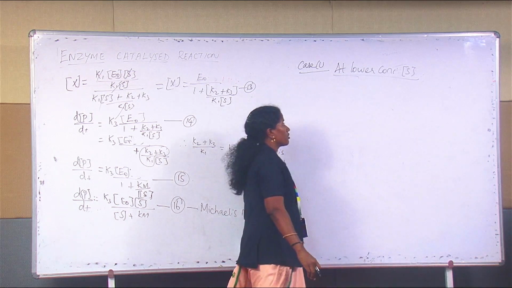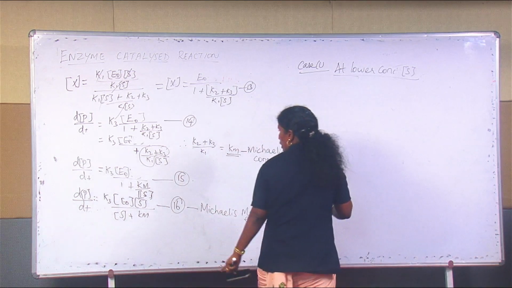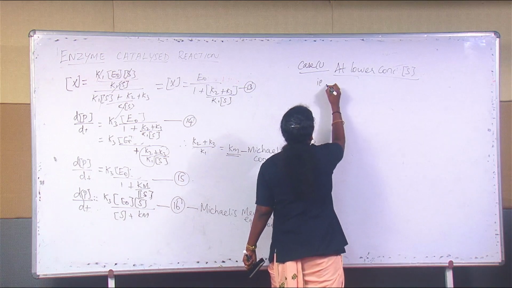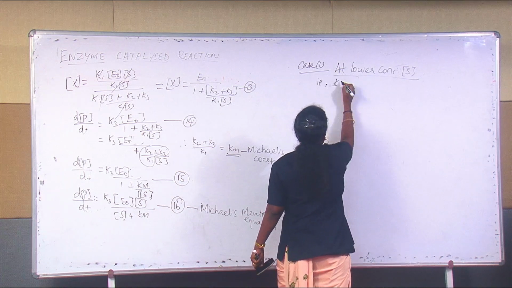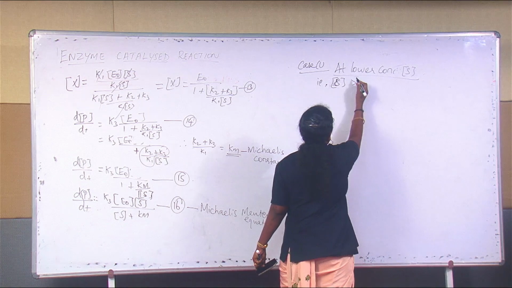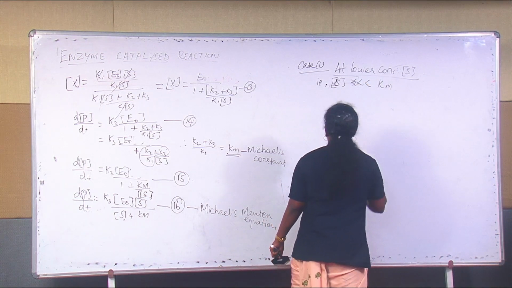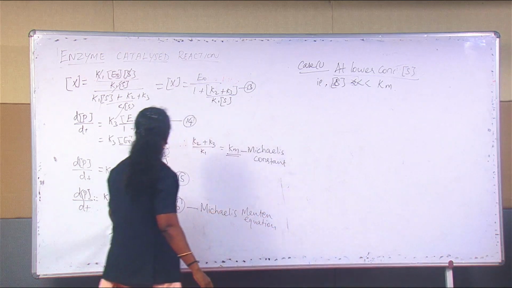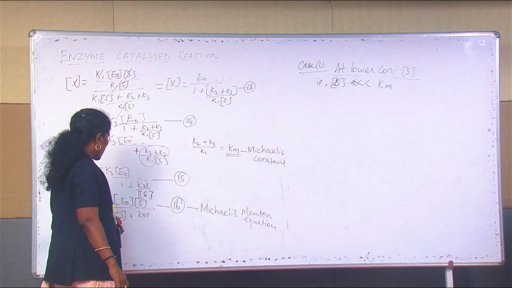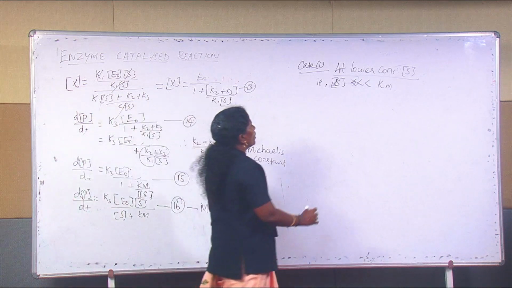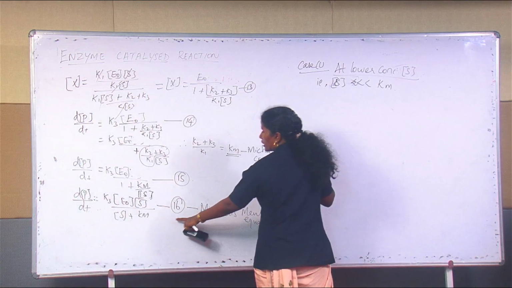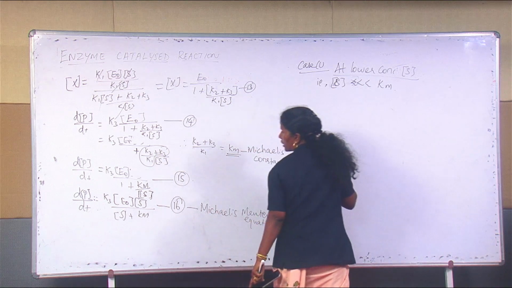So equation 16 can be written with substrate concentration very less compared to the Km value. So in the denominator S can be neglected.